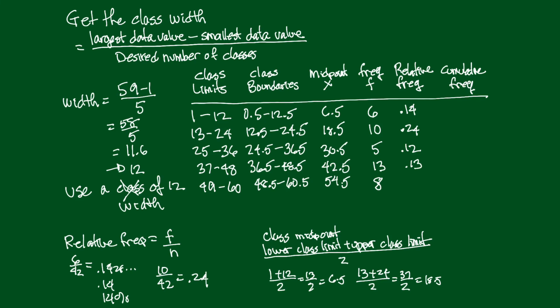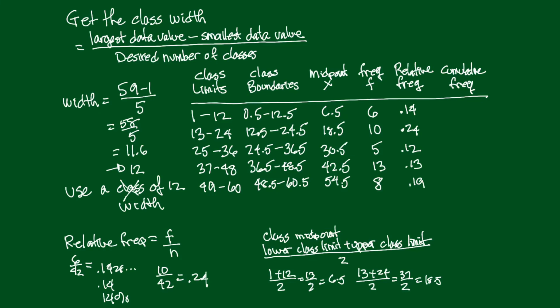And 8 divided by 42 comes out to 0.19. Now, if I added up these numbers, it should come out to 1, 100%. But remember, I rounded off, so this may not come out to 1. In fact, what do you get here? It doesn't come out to 1. That's because we rounded off.